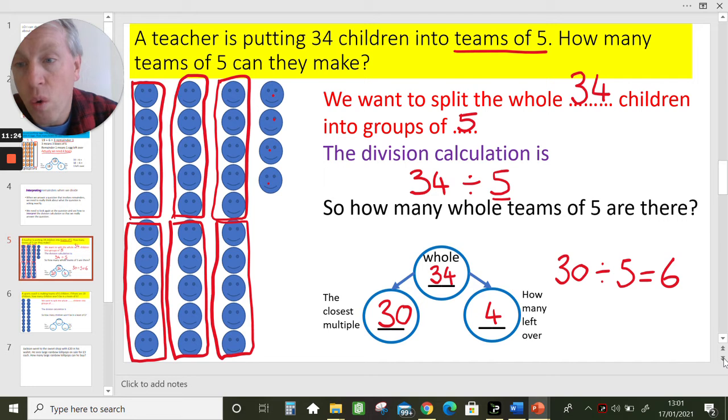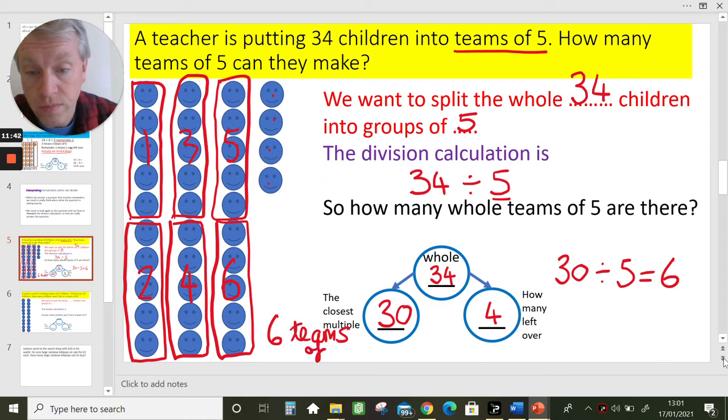Look, team 1, team 2, team 3, team 4, team 5, team 6. 6 teams of 5. So let's think carefully, because the maths answer to this is 6 teams of 5.